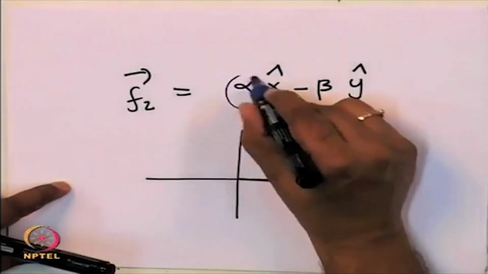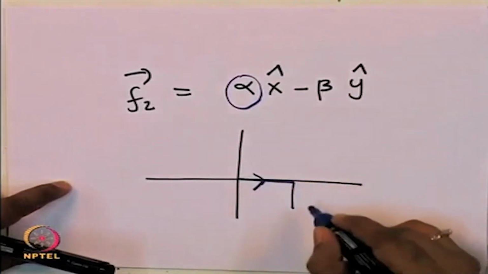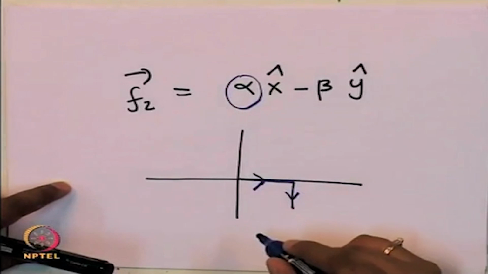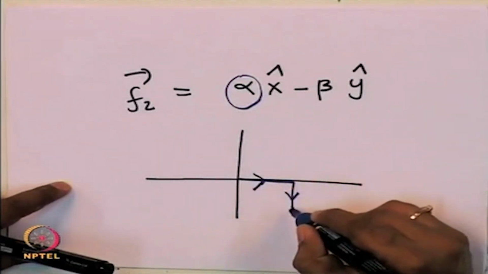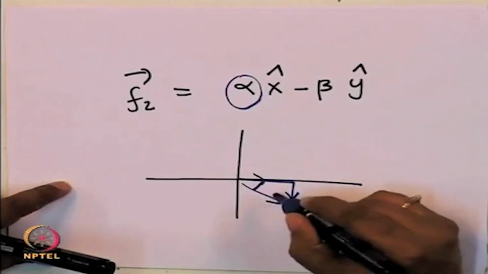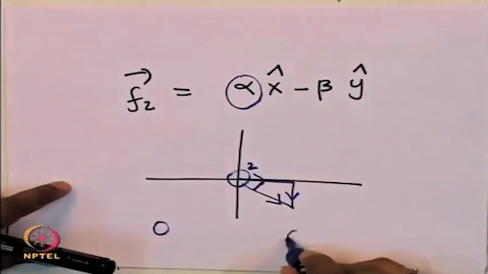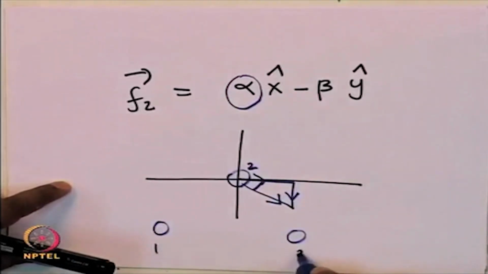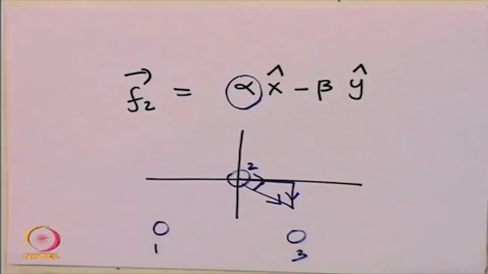Alpha along the plus x direction, and beta along the minus y direction. So, this will be the resultant direction of the force on this charge 2, and we have charge 1 and charge 3 here. So, this is the kind of thing we found out.